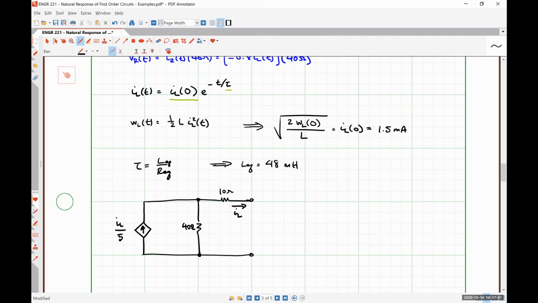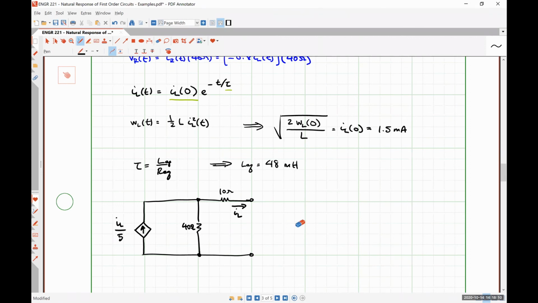And we're trying to find the equivalent resistance looking in through the terminals where our inductor was, okay? So this is a circuit containing a dependent source and no independent sources, which means we're going to have to use a test source method in order to determine the equivalent resistance.